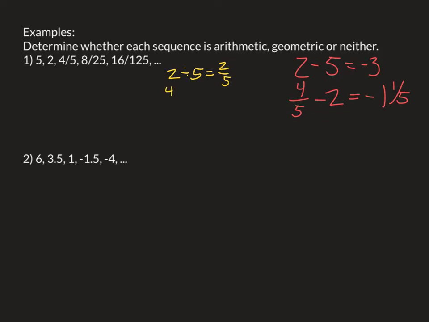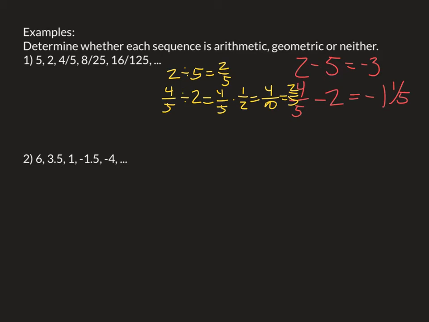If I take 4/5 and divide by 2, dividing by 2 is the same as multiplying by 1/2. So I can look at this as 4/5 times 1/2. Half of something is the same as dividing it by 2. And we come up with 4 on top, 10 on bottom, and the result is 2/5.